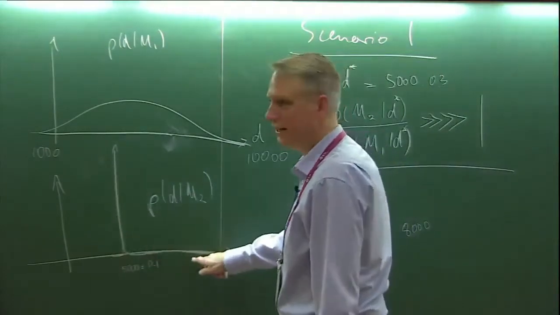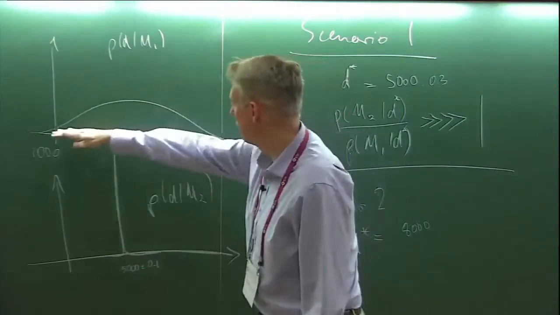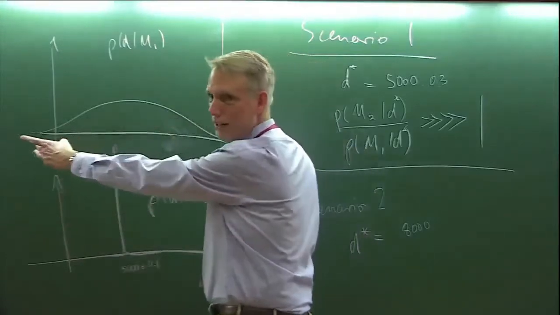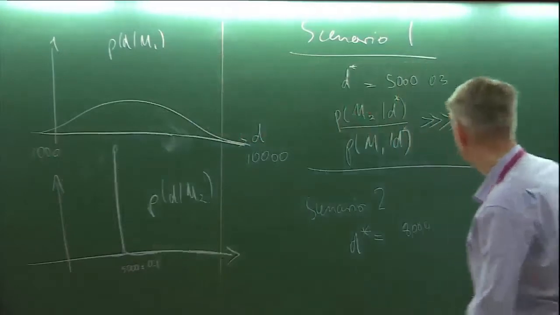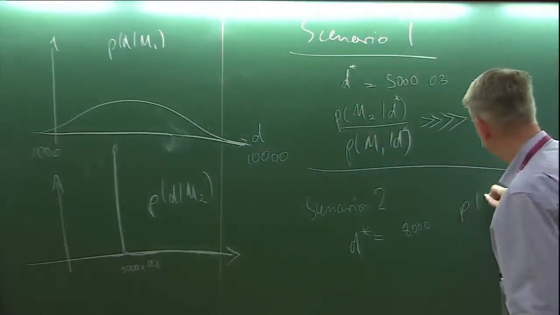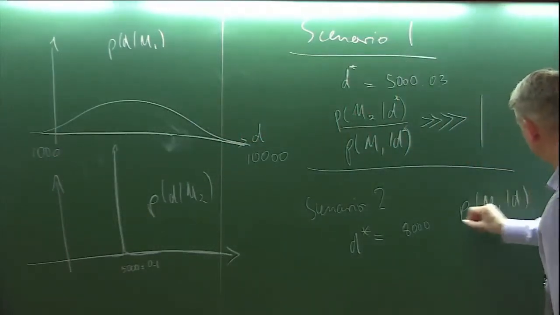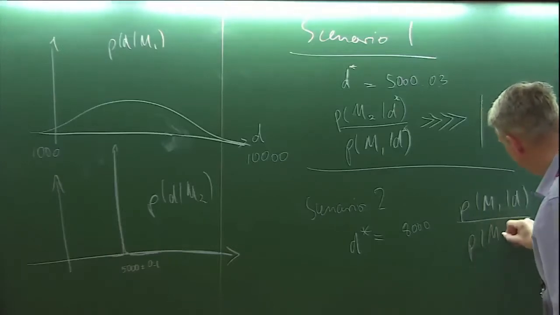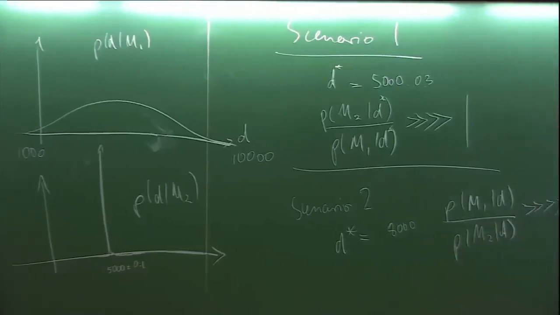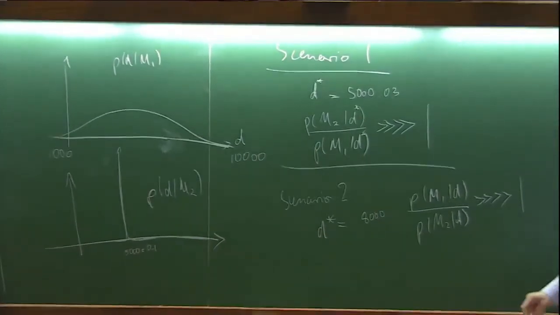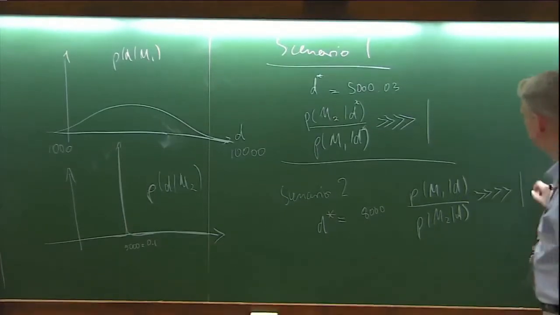So this is going to be tiny, whereas this is kind of linearly spread over this large range, so it's also small, but much larger than this. Okay, so in this case, P of M1 given D, so 1 wins. Okay, it's a very decisive difference here.